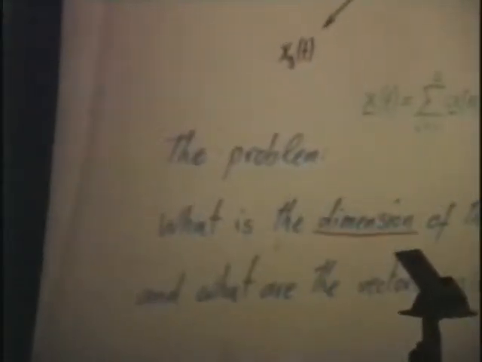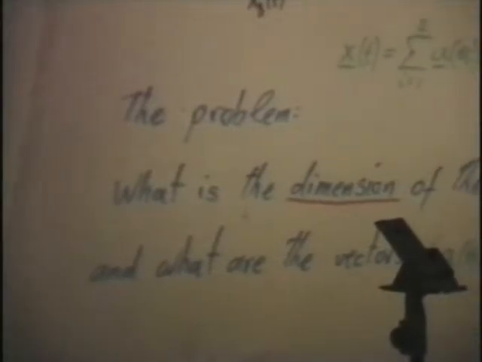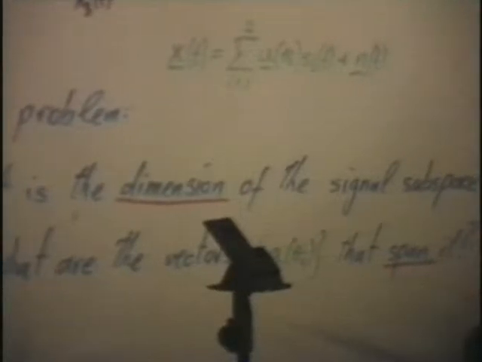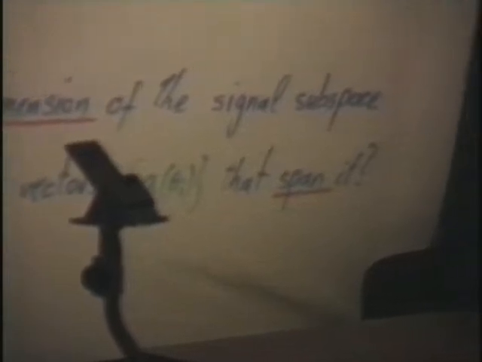So what this means is that we can now have a very intuitive and geometric interpretation of our problem. What we observe are these vectors x of t. It's like a cloud that we observe. And we know that these are scattered around some lower dimensional subspace.